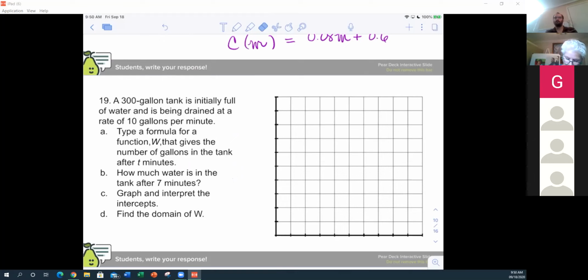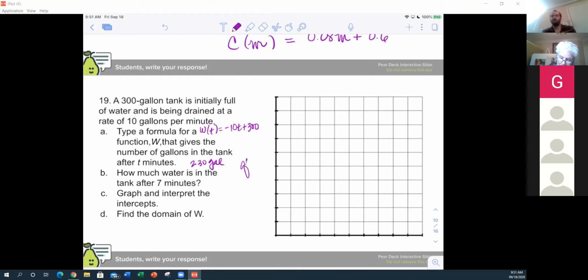So we said this is W of T equals 2T plus 100, and then part 2 was 230 gallons. Okay, so you said you know that the y-intercept is 300 gallons, right?